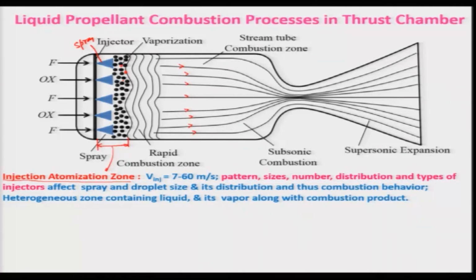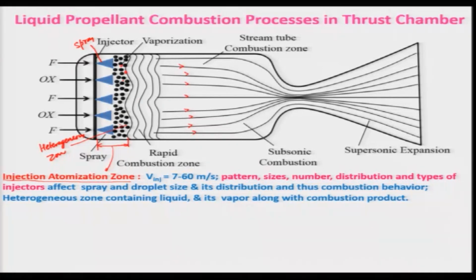This is quite complex in nature, and as a result vaporization will take place, and there is a heterogeneous zone here. It has at least two phase flow, sometimes three phase, containing liquids, vapor along with combustion products, and some diffusion will be taking place.